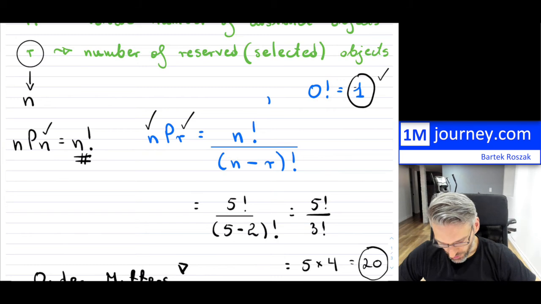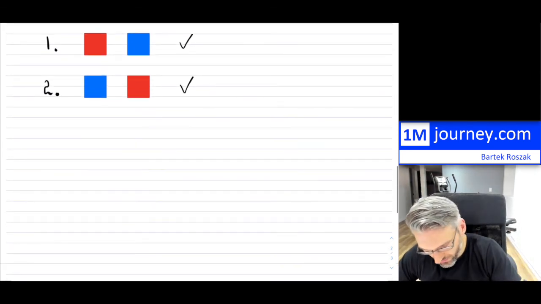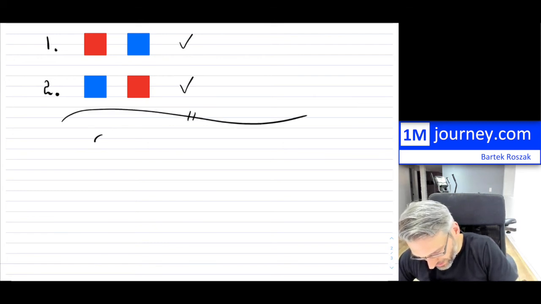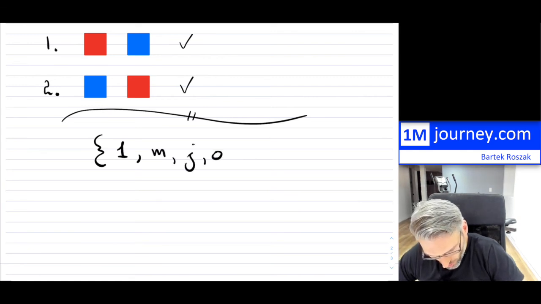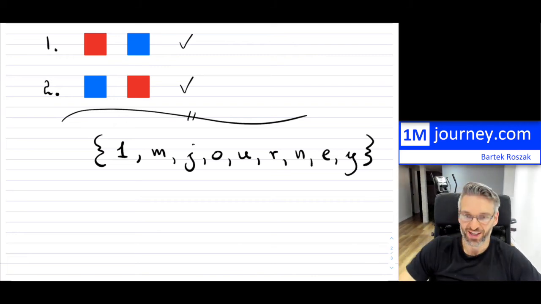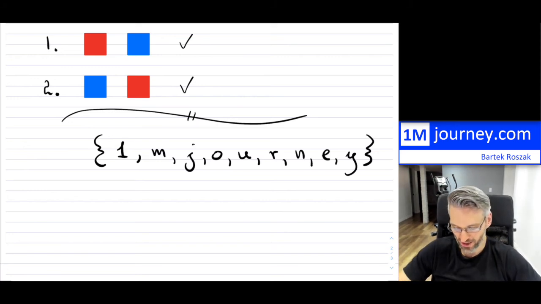All right. So another example that I did in the previous video, which I'm going to give to you now, is, we had a set of these characters: M, J, O, U, R, N, E, and Y. So for those, looking at this, obviously, 1mjourney.com is the site that I run.